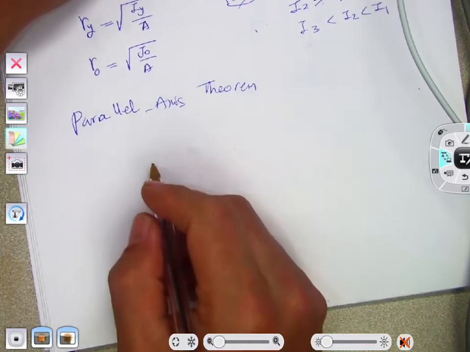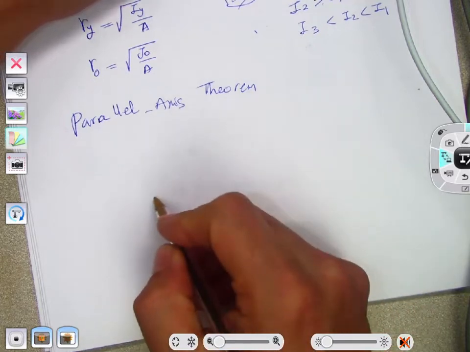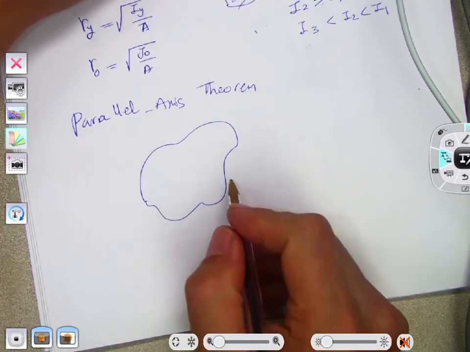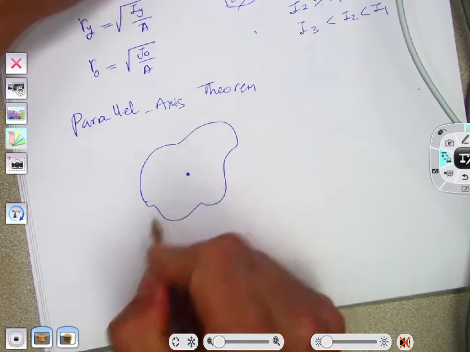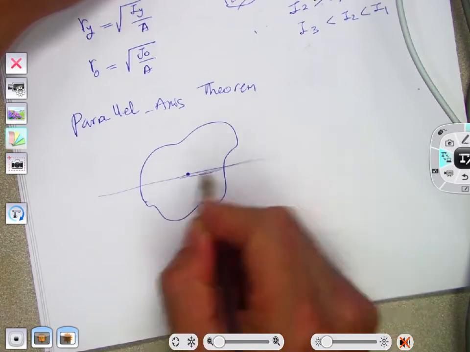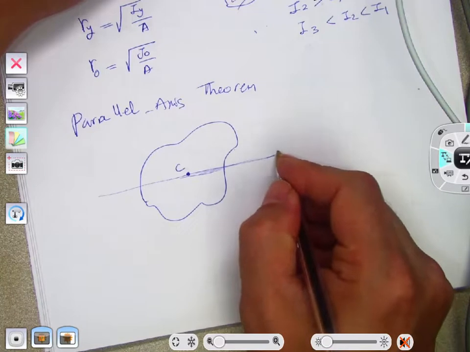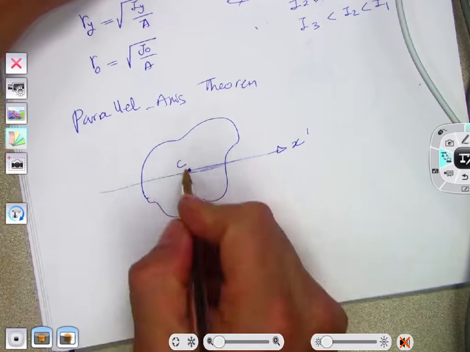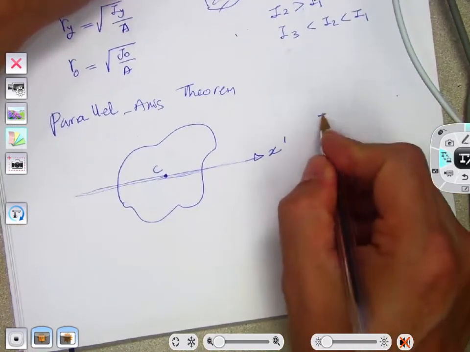So let's say I have an area like this, and I have the centroid of it located here, and let's say I have an axis passing through this centroid in a horizontal direction, and let's call that axis x prime. And let's assume that I have moment of inertia about this axis.